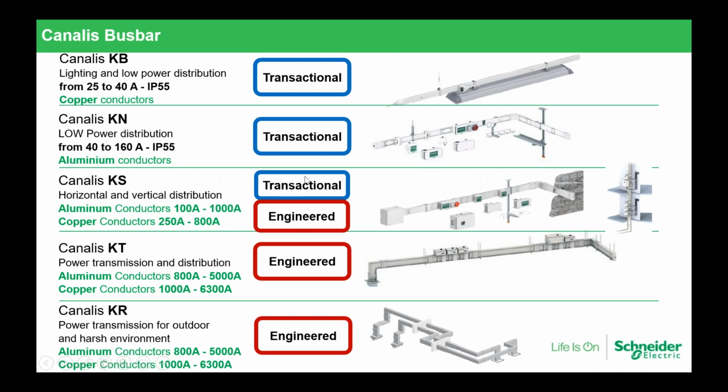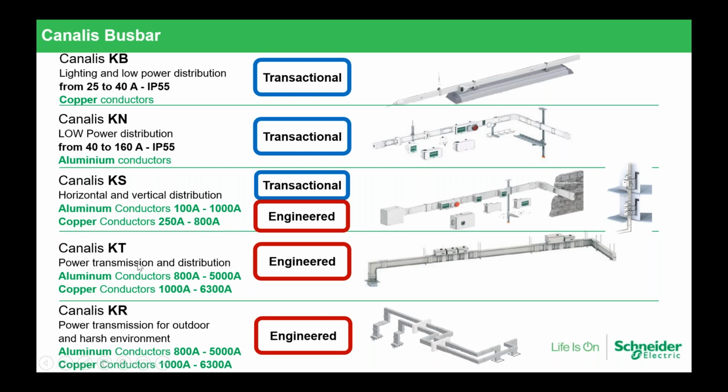That's why it's a mix between transactional and engineered, because if you need vertical distribution, it's what we call engineered. To give you an idea on the rating, we have aluminum conductors from 100 amps up to 1000 amps, and copper conductors from 250 to 800 amps.